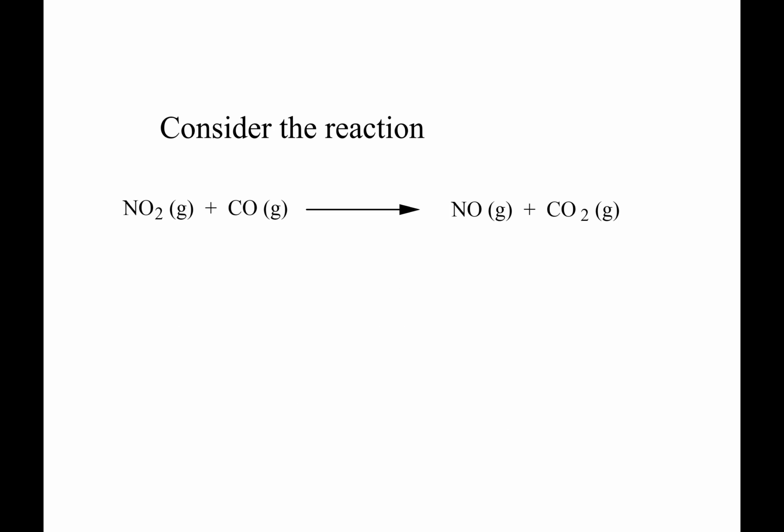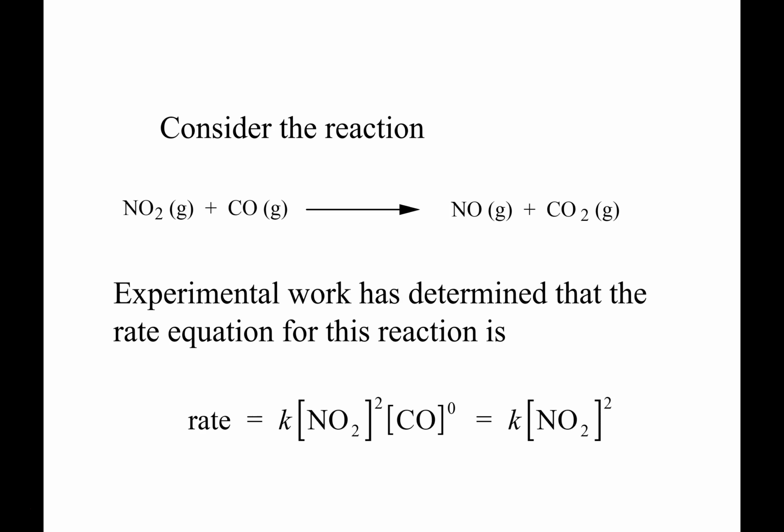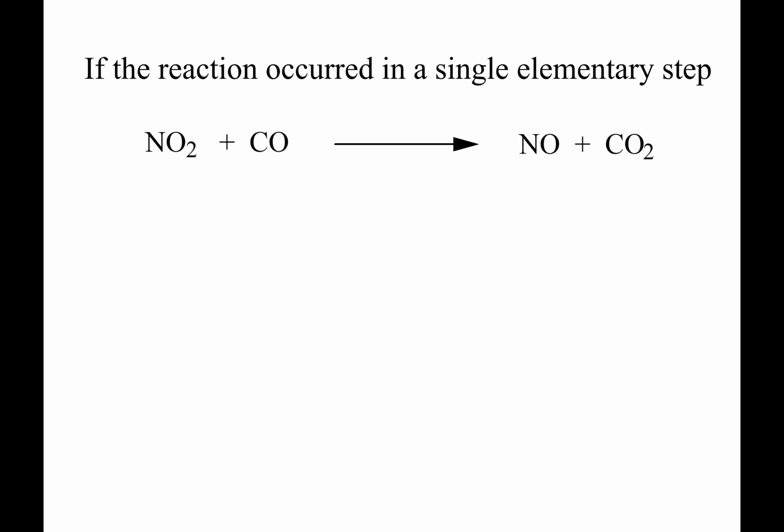And the observed rate law expression looks like this, where it's second order with regard to the NO2 and zero order with regard to the other reactant, CO. We talked about if you raise anything to the 0th power, that's 1. So the overall rate law expression is k times the molar concentration of NO2 raised to the second power, second order.